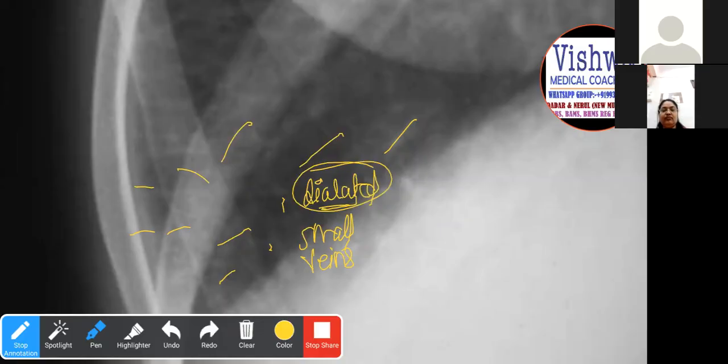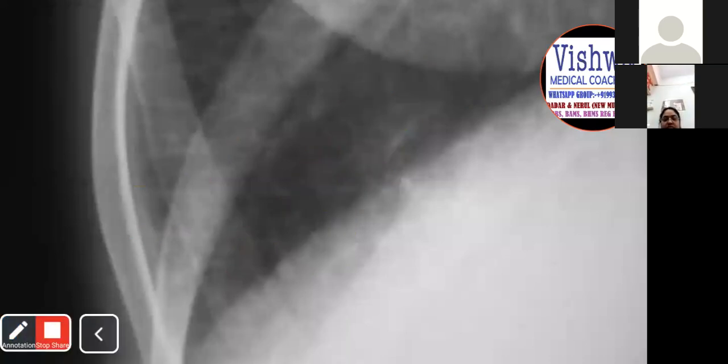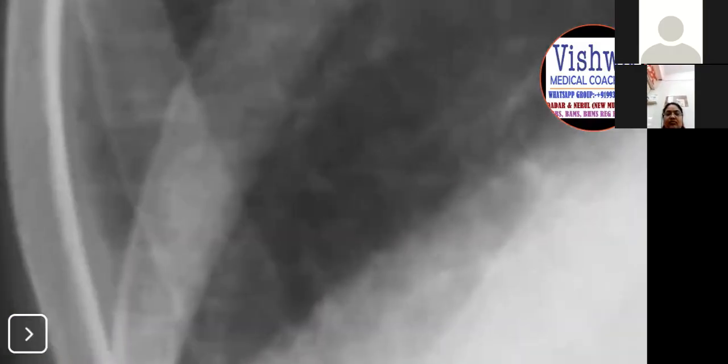Dilated small veins because of the mitral stenosis, because of the pulmonary venous congestion. And that gives rise to curly B lines. If you zoom it, you will also be able to find it properly. You can see it in the X-ray.